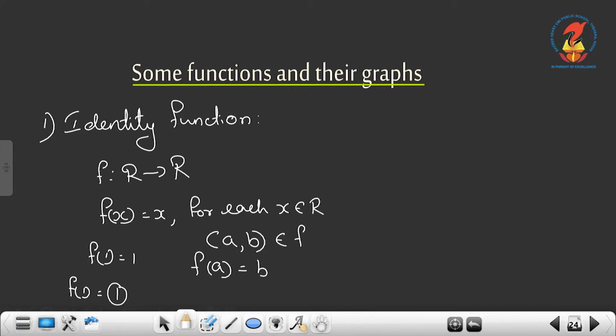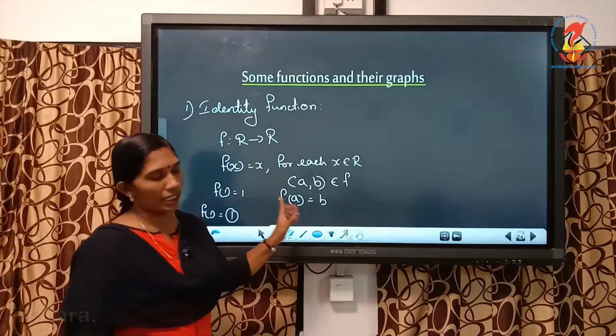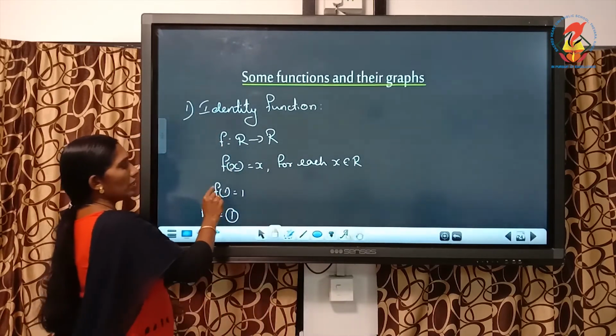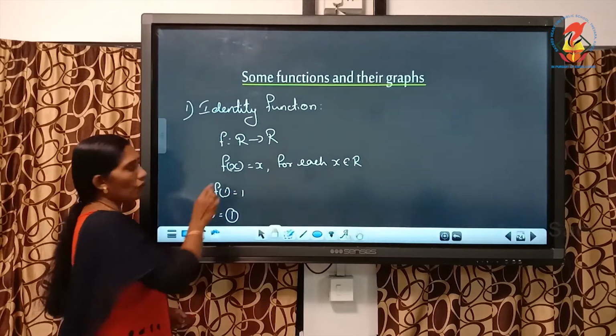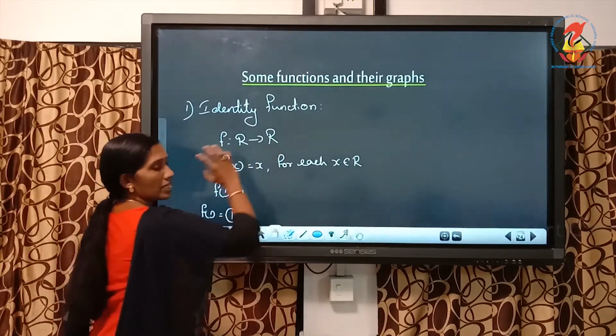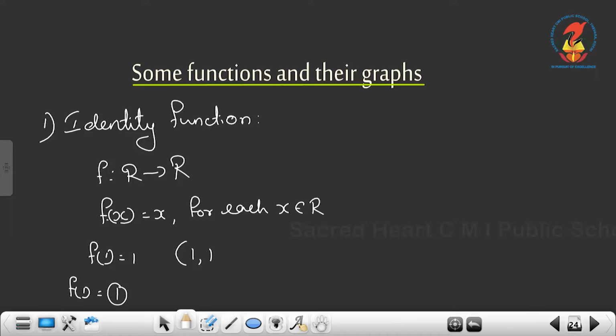That b is known as the image of a under f, or a is known as the pre-image of b under f. So here when x is 1, f of 1 is also 1, f of x is x. Whatever x is here, that same is the answer. So f of 1 is 1, I can write (1, 1) as an ordered pair.